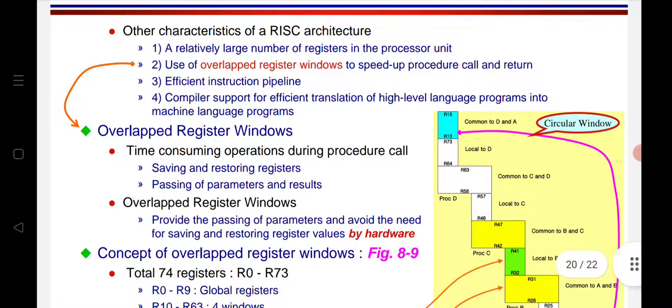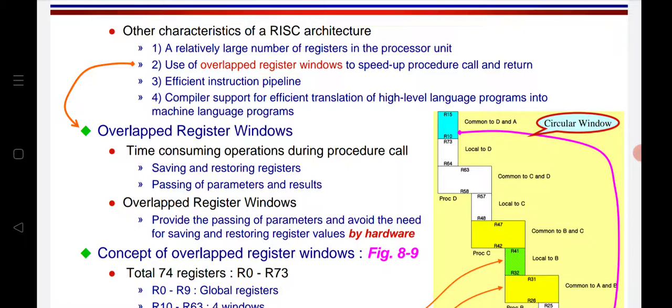The other characteristics of RISC architecture are a relatively large number of registers in the processor unit, used to overlap register windows to speed up procedure call and return.